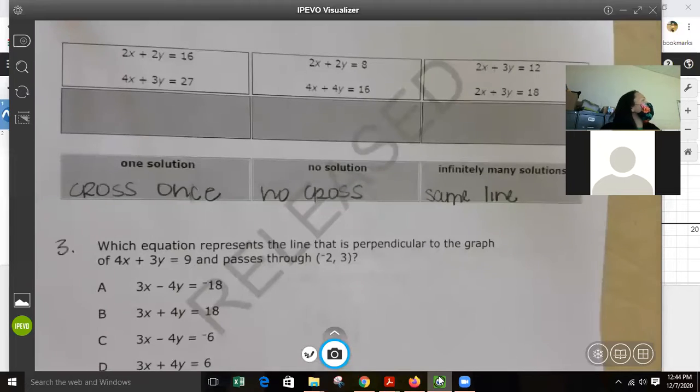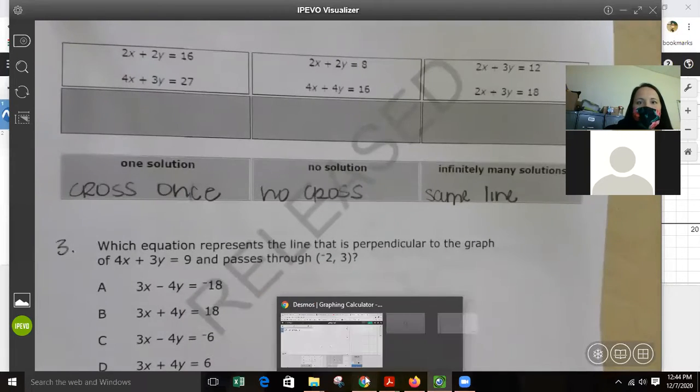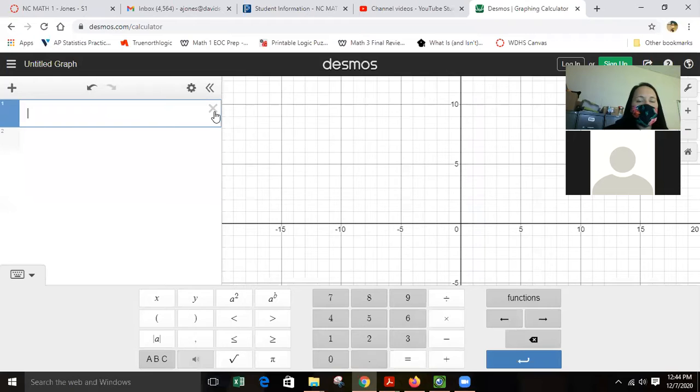Again, this is so easy using Desmos. One solution means it crosses. No solution means it doesn't cross. Infinitely many means it's just a line on top of each other, laying on top of each other. I'm going to go back to my Desmos, X that out because I don't need it anymore, and type in the first 2 equations just like they are.